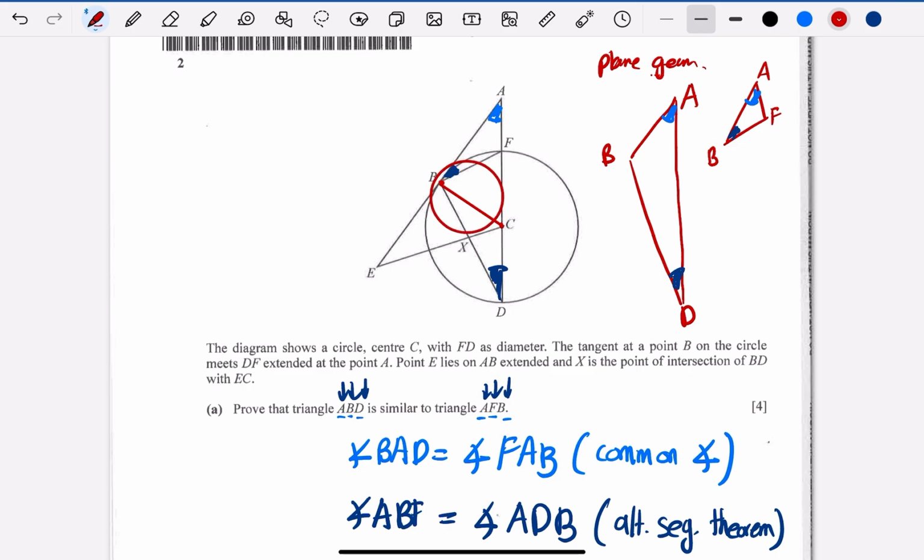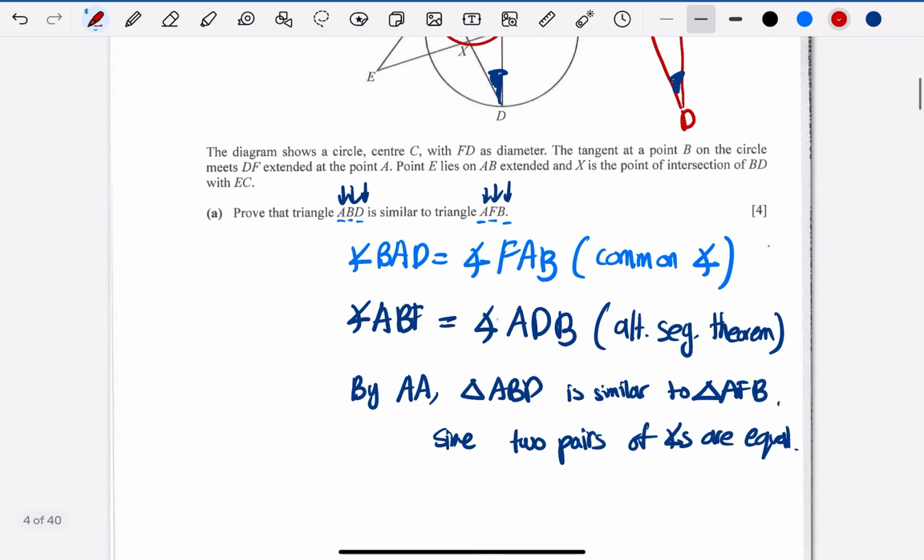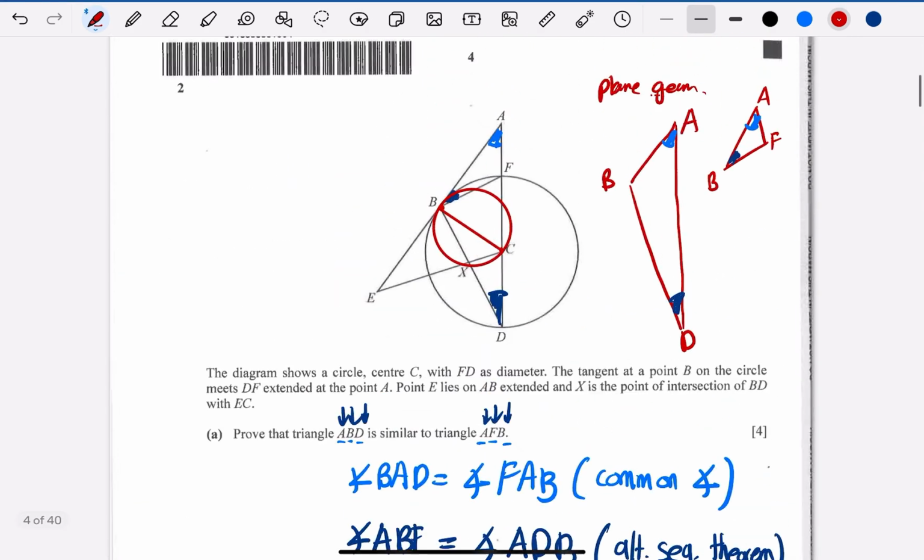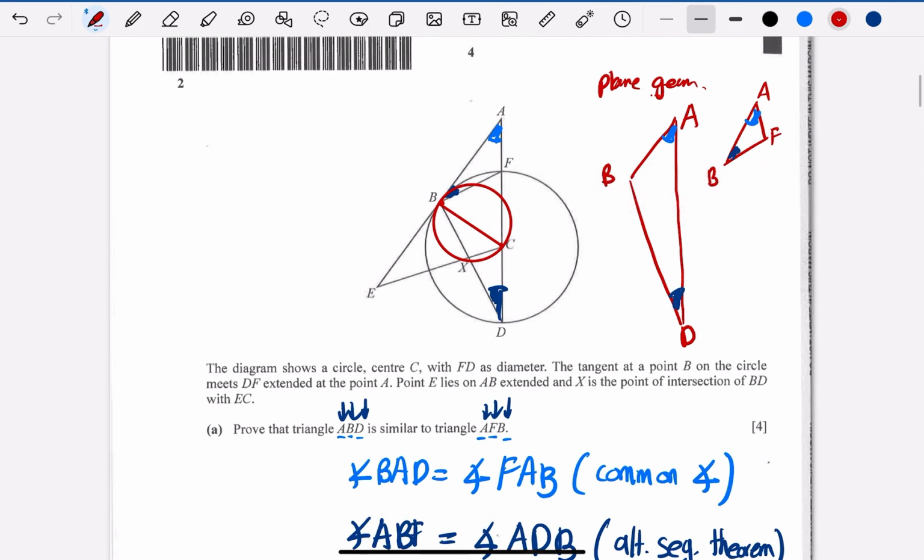The circle is probably a bit smaller, like so. It can be a bit higher, maybe up here. Something like this.